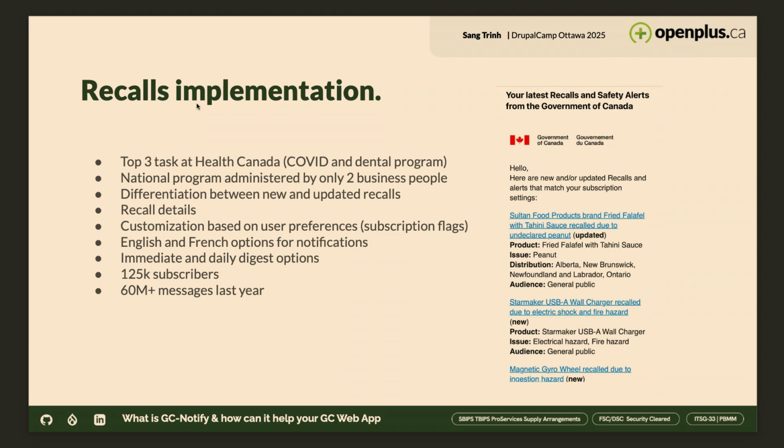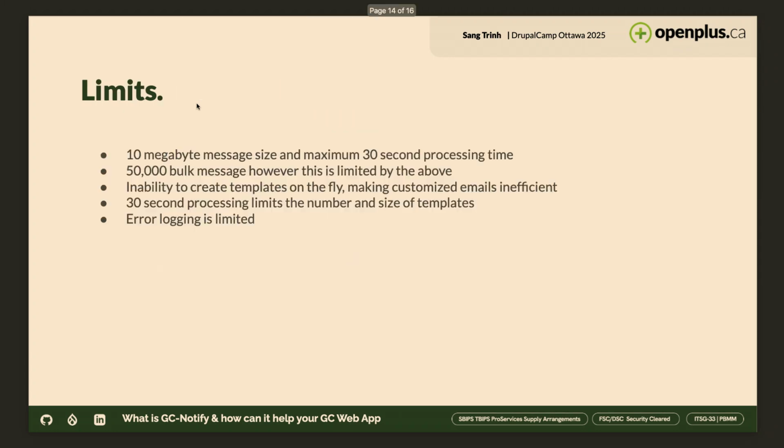Those messages could be unique, they could be the same, it doesn't matter, because the GC Notify template is set up so that we have to pass the body, because the body changes every time. Because of that, we start running into limits that are more than just the limit of that bulk. Remember when I said we've got a limit of 50,000 messages, or 50,000 email addresses, in a bulk message?